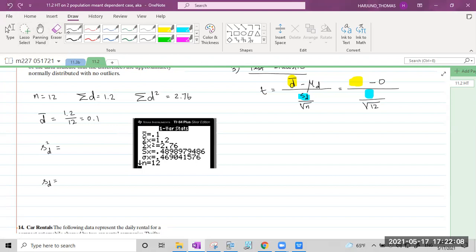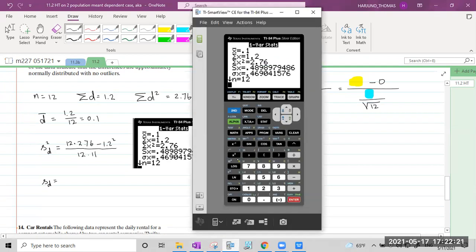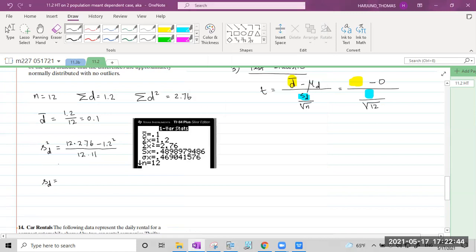Okay, now how about the variance of the differences? That will be 12 times 2.76 minus 1.2 squared, over 12 times 11. Let me calculate that. 12 times 2.76 minus 1.2 squared, divided by parentheses 12 times 11. That's 0.24.